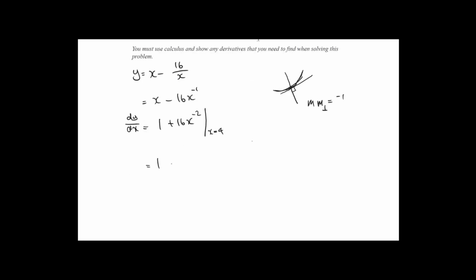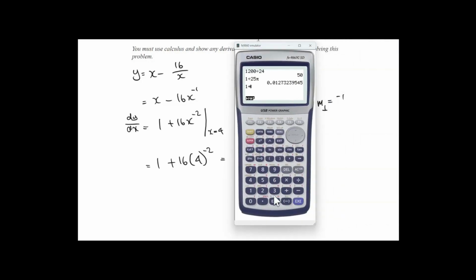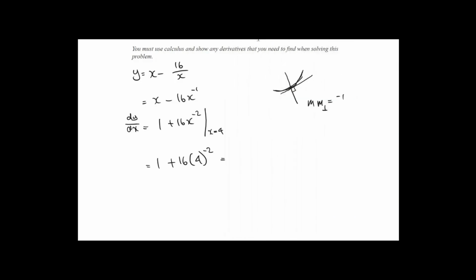For that, we've got 1 plus 16 times 4 to the power of -2. I'm going to grab out my calculator. So 1 plus 16 times 4 to the power of -2, and that gives us 2.